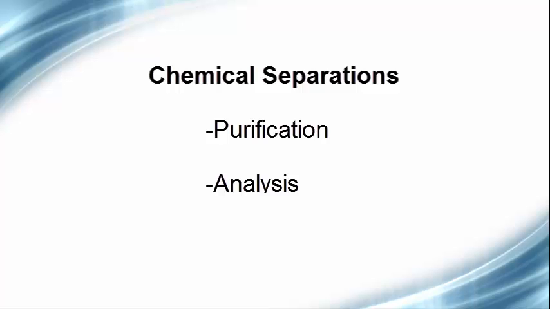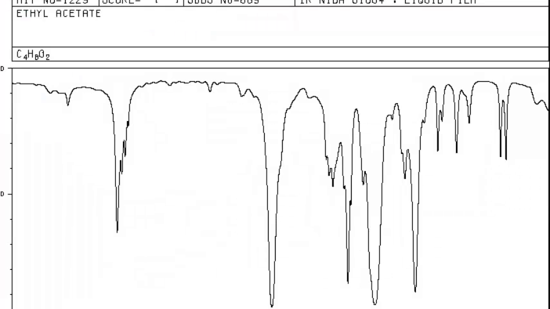Now, the second reason why chemical separations are so useful is for analysis. In the last course, we learned about spectroscopy, and we saw that different types of molecules can be identified or differentiated based upon their spectroscopic properties. So we saw that an IR spectrum or an NMR spectrum can be used to identify chemicals.